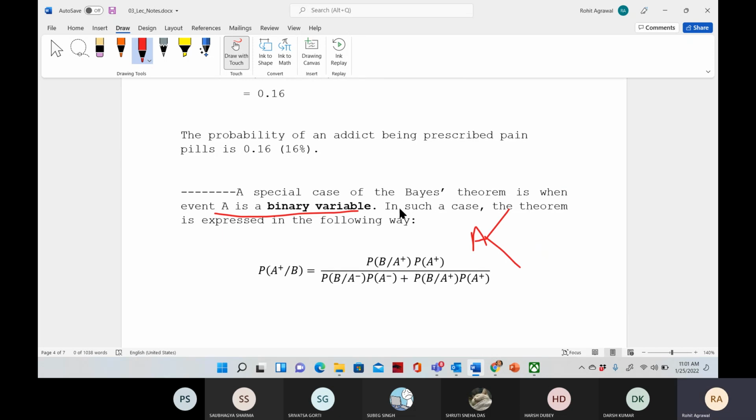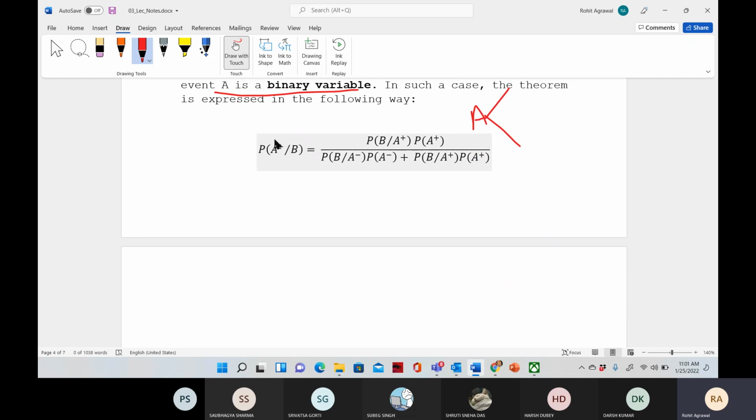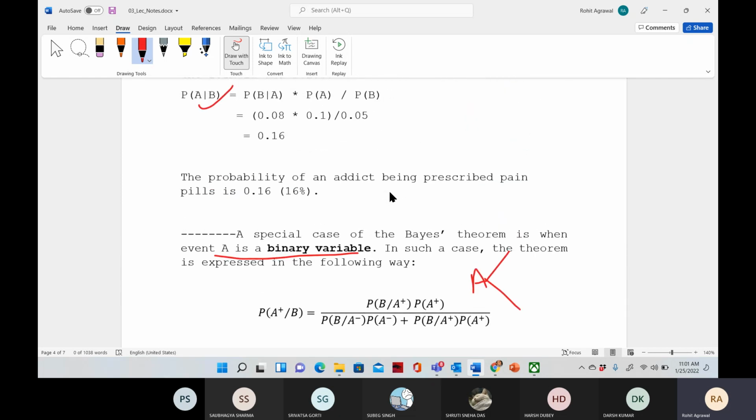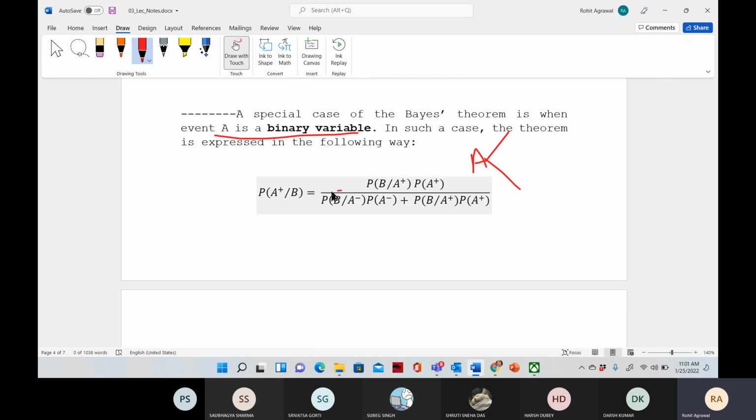ठीक है, स्पेशल केस क्या है, व्हेन इवेंट ए इज एन बाइनरी वेरिएबल. ठीक है, इन सच केस द थ्योरम इज एक्सप्रेस इन द फॉलोइंग वे. सो इट इज अ टू क्लास, यू कैन से ए प्लस और ए माइनस, देयर आर टू क्लासेस. ठीक है, सो इन द डिनोमिनेटर probability of B will be replaced by this one. ठीक है, probability of A plus given B is equals to probability of B given A plus.